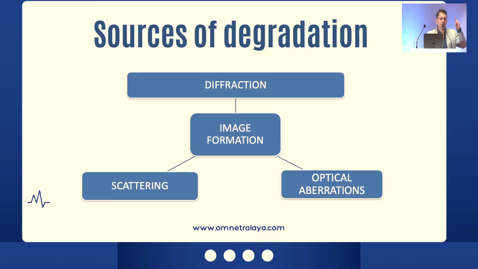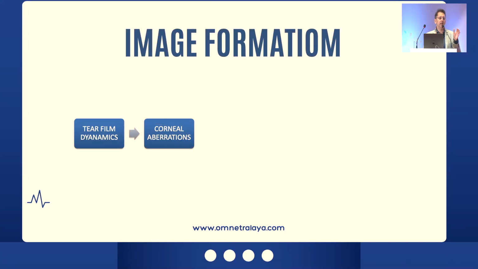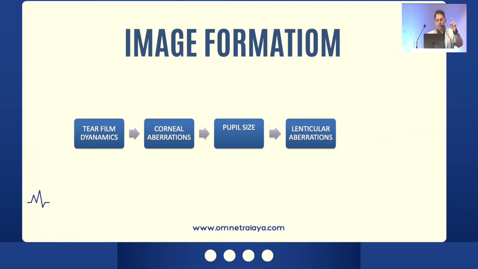So there are a lot of sources of degradation in the image. We have to understand that the image is formed from the tear film to corneal aberration, then through the pupil, then the lenticular or IOL aberrations, and then on the retina. So even if you have a patient who has a lot of aberrations, you also have to find out the source.